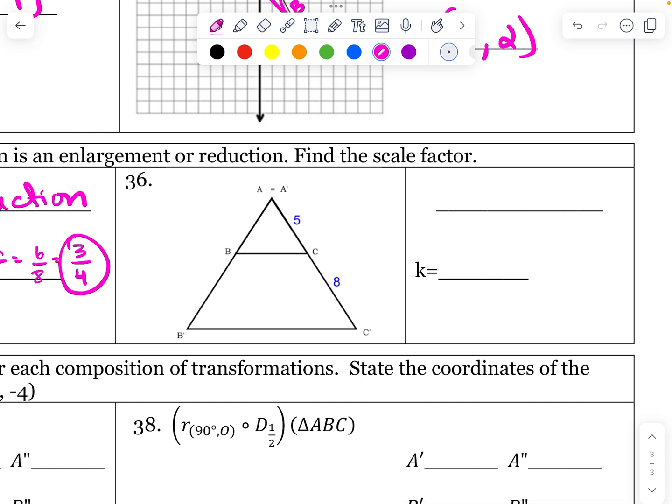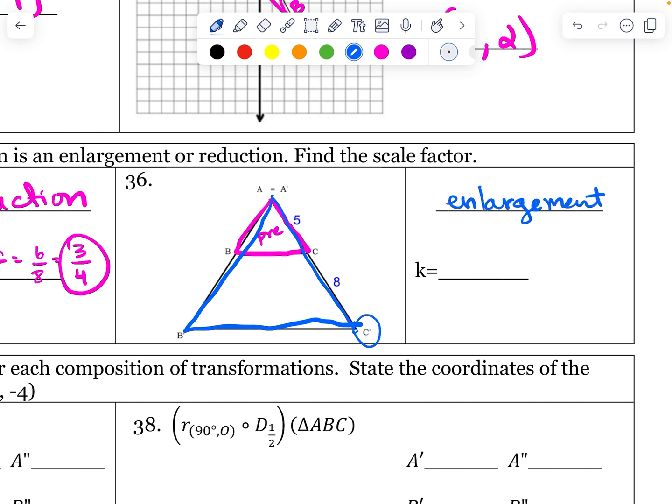All right, A prime. So it looks like the little one here is my pre-image, and then this big one is my image because of the prime right there. So that's an enlargement. And I need to do new over old.